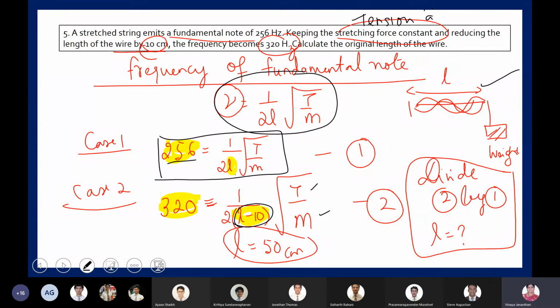So it will be 320 by 256 equals L by L minus 10, then cross multiply. Divide equation 2 by 1, then the factor root of T by M gets cancelled.